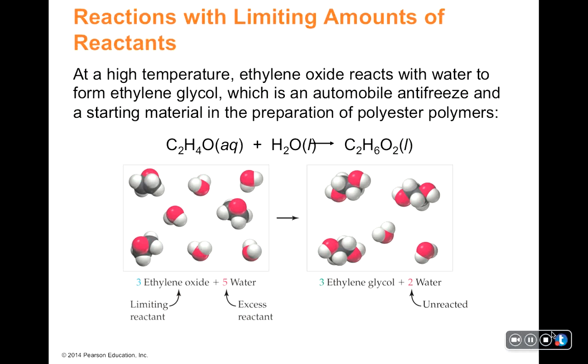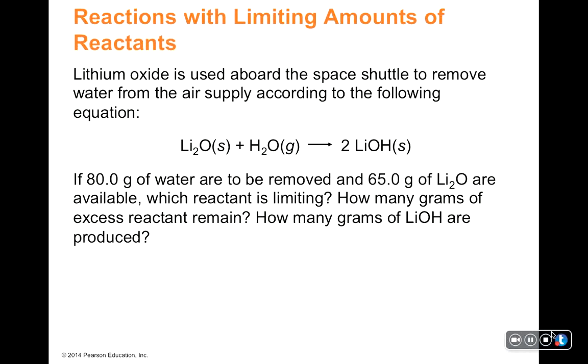Again, that would be the 3 moles. Usually these types of problems don't give you molar amounts, they give you gram amounts to start, and so you have to do some calculations to answer this. This one you could answer just by thinking about the mole ratio. But the next problem that I'll talk through is a more common type of calculation using limiting reactants, and that's this.